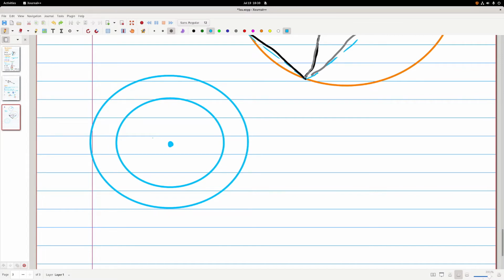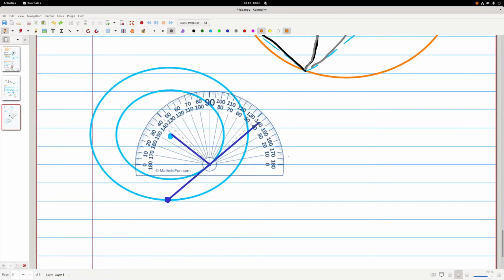So let's draw our planets. Here's one. So let's draw our tangent line there. So much nicer, right? And here. Okay, so I can't find out how to rotate this protractor, so we're just going to have to do some maths. How exciting.